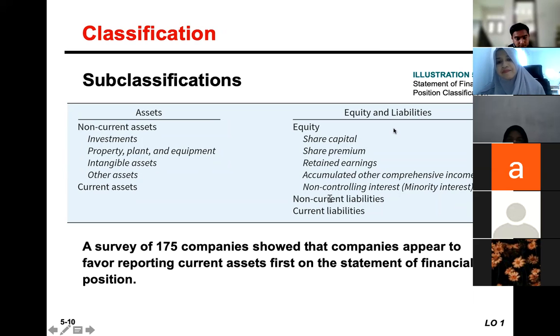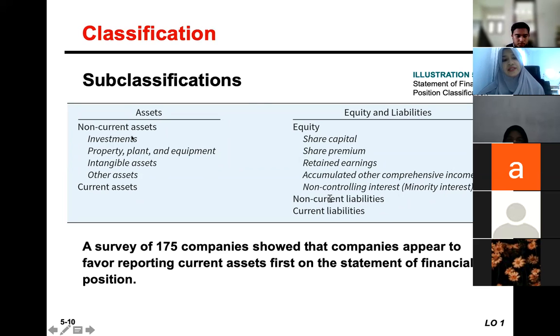Okay, actually, IFRS doesn't specify which item to report first on the statement of financial position, let's say the structure of current asset or non-current asset. But there is a common practice among companies.